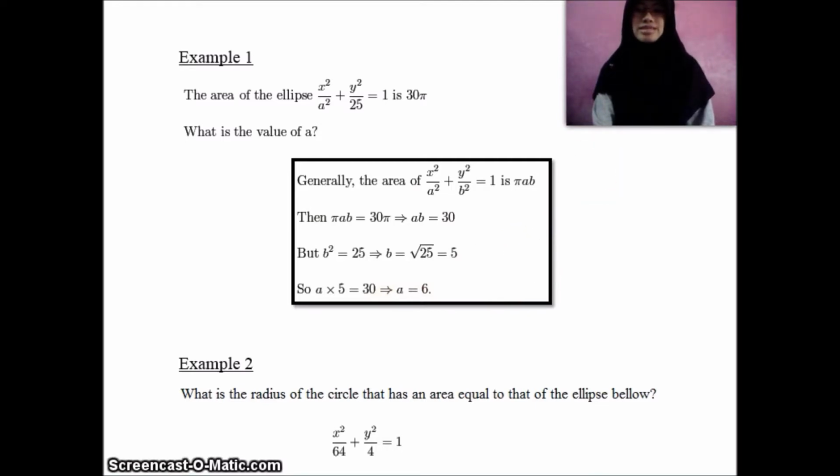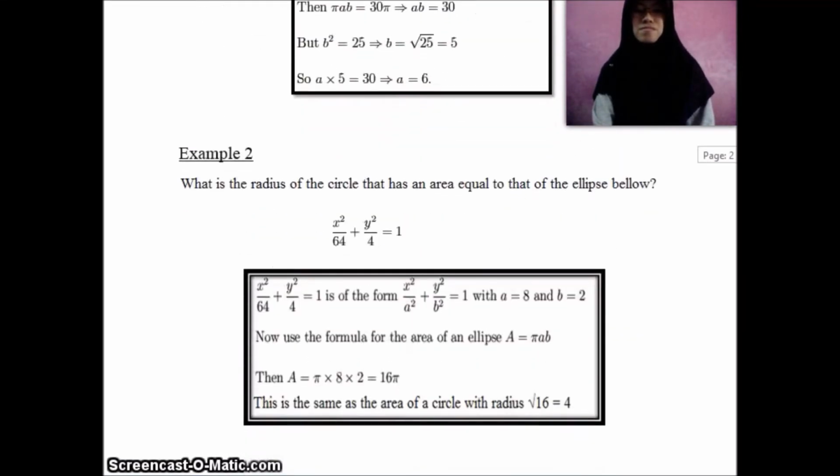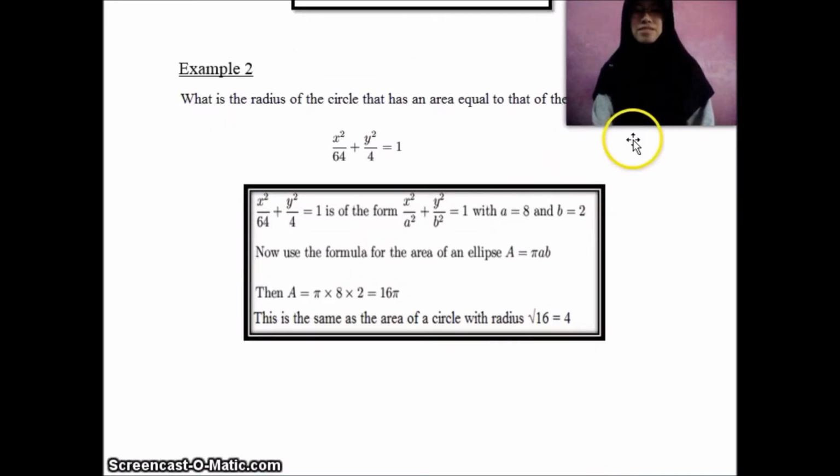Okay, let's see another example. What is the radius of the circle that has an area equal to that of the ellipse below? Given that x squared over 64 plus y squared over 4 equal to 1. We know that this is a squared and this is b squared.